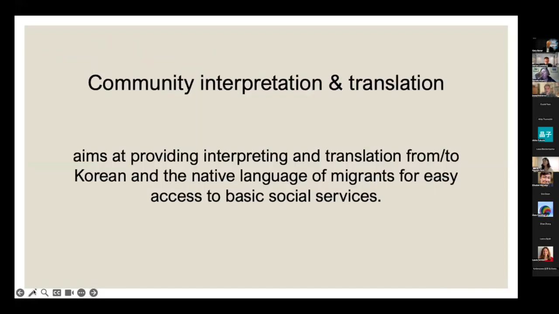The Multicultural Family Support Center is a governmental network that provides support to solve the problems faced by the increasing number of multicultural families in navigating Korean society. Among them, community interpretation and translation is a service that helps foreigners living in Korea when they have communication needs.